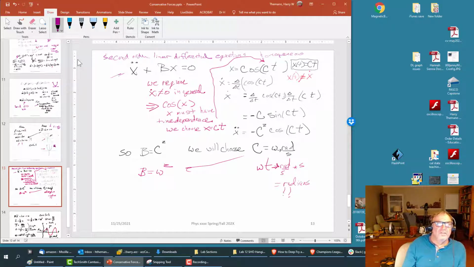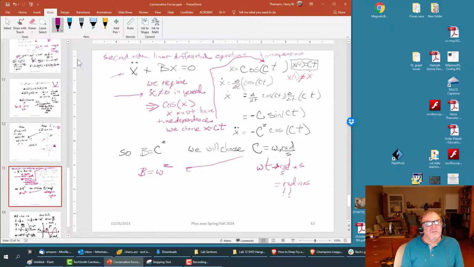So this means that we have a possibility of a very simple function that could take the place of x. Now, remember earlier that we required that x dot is not 0 in general, meaning it's not 0 all the time. So that means that whatever function we come up with has to have a time dependence built into it.